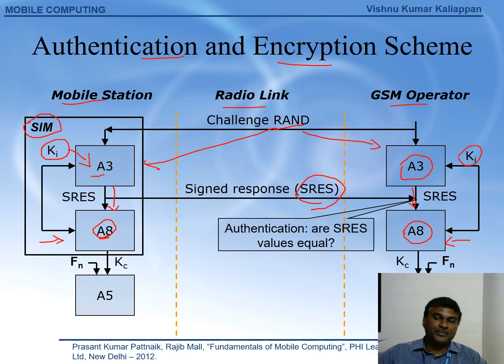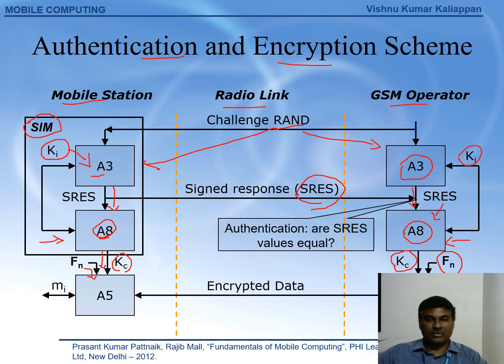Upon getting the SRES and the Ki, the A8 algorithm will generate the key Kc, and with the help of the function Fn, Kc is given to the A5 algorithm.